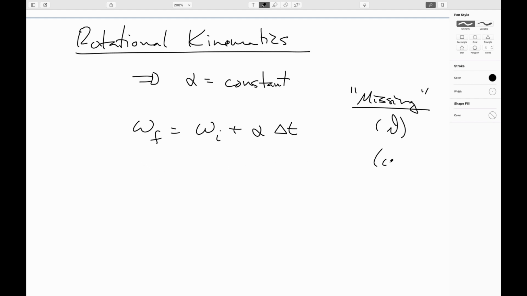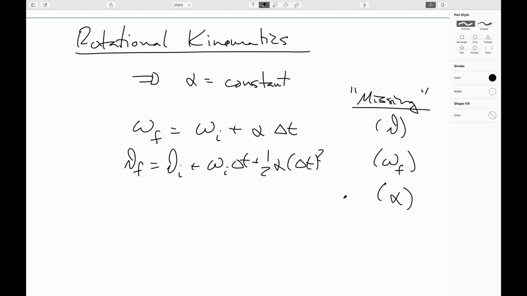Similarly, we have a missing omega final that looks like theta final equals theta initial plus omega initial delta t plus 1/2 alpha delta t squared. We have a missing alpha. And we can do this purely because, since it's defined the same, all we have to do is swap the letters. We got these results before. So theta final equals theta initial plus 1/2 omega initial plus omega final delta t.